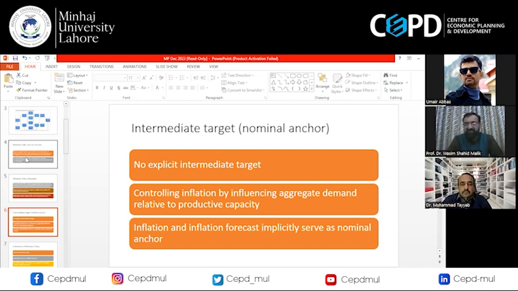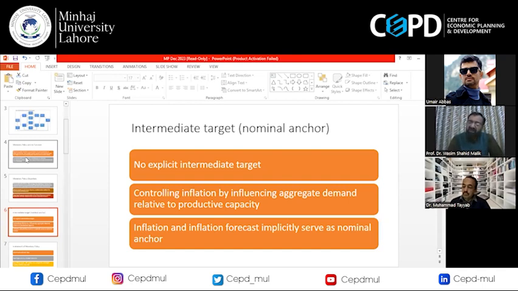Inflation and inflation forecast implicitly serve as nominal anchor. However, there is an implicit intermediate target, and that implicit intermediate target is inflation itself or inflation forecast.